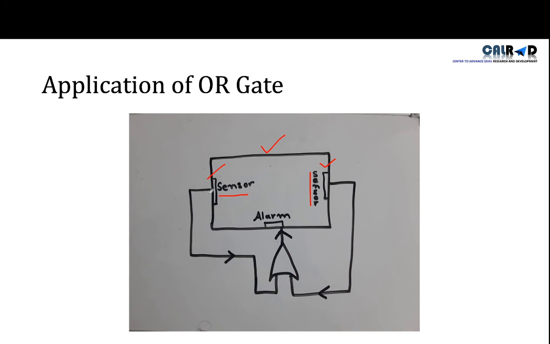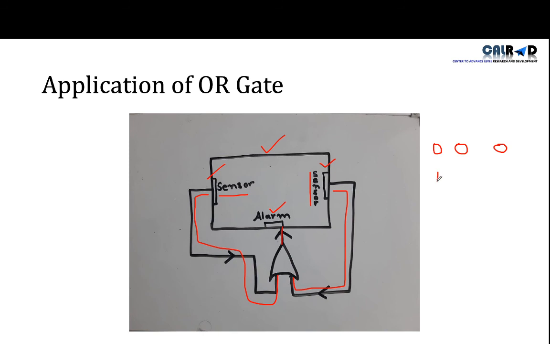So because the sensor will give data, this data is connected with the OR gate IC. Both the room gates data is connected with the IC, and the output is connected with the alarm. So according to the OR gate truth table, if both inputs are 0, then output will be 0.